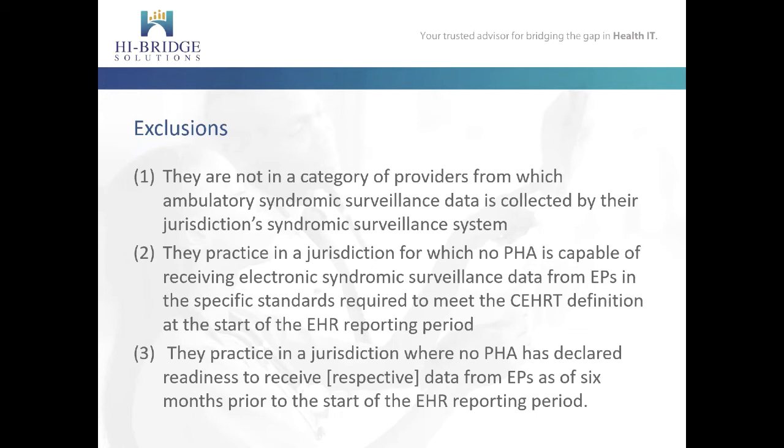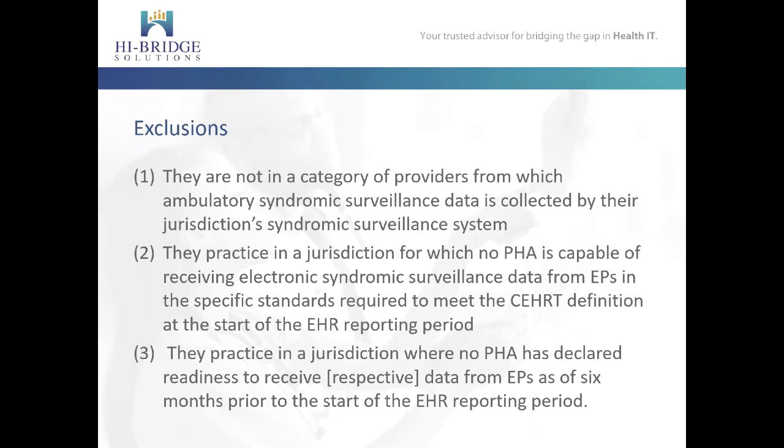The second one is they practice in a jurisdiction for which no public health agency is capable of receiving electronic information. And lastly, they practice in a jurisdiction for which no public health agency has declared readiness for up to 6 months prior to the start of the EHR period.